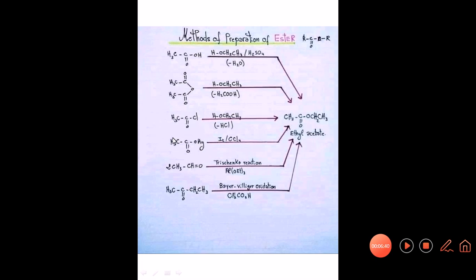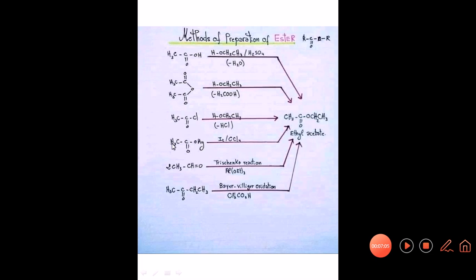A silver carboxylate subjected to iodine in carbon tetrachloride is also a strong method of synthesizing ester in the laboratory. So a silver carboxylate in an iodine solution of carbon tetrachloride gives off an ester.